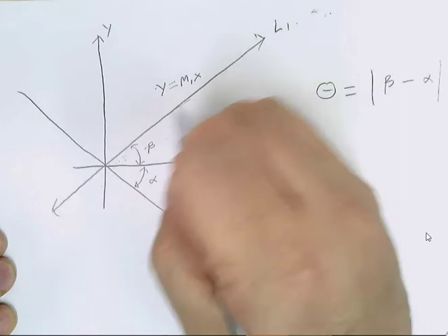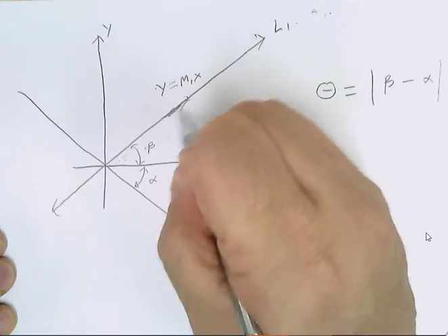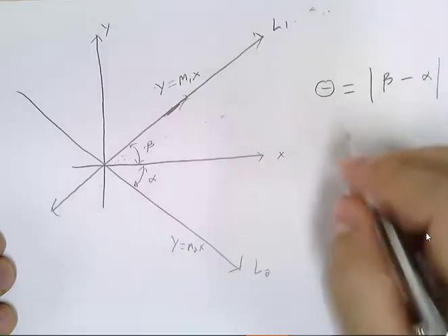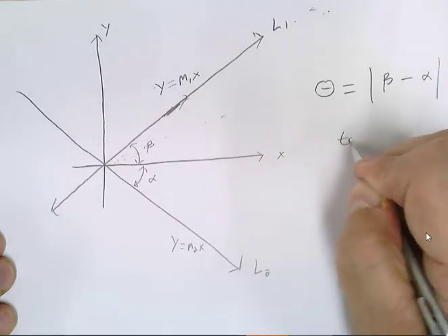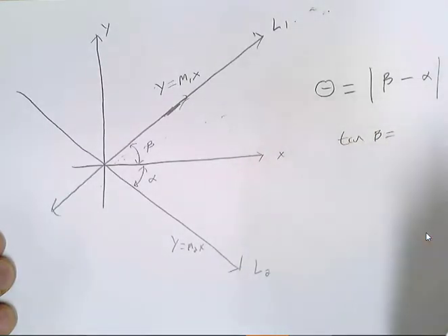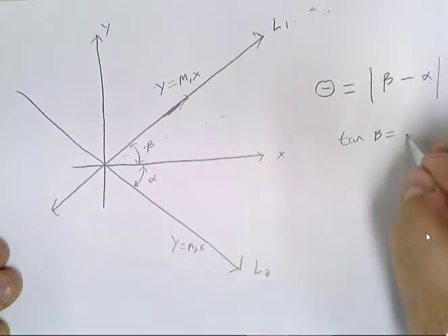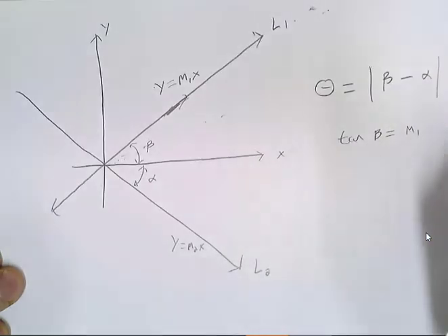If we think of the vector that's in this line, we know that the tangent of beta would be equal to the slope, m1. And similarly for this one, the tangent of alpha would be equal to m2.